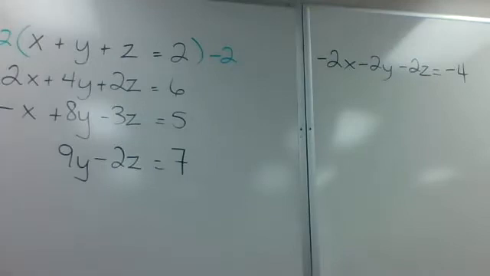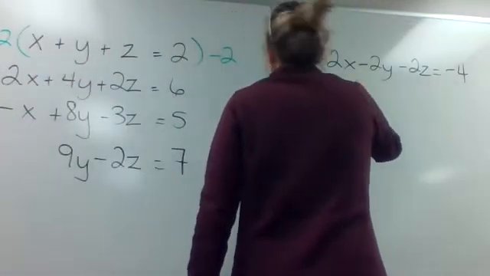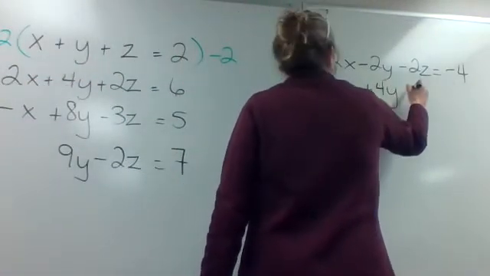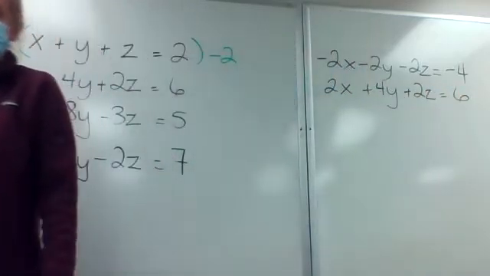And then what am I going to add that to? Second equation, right? To knock out my x's again. So I'm just going to write that second equation under this. 2x plus 4y plus 2z equals 6.